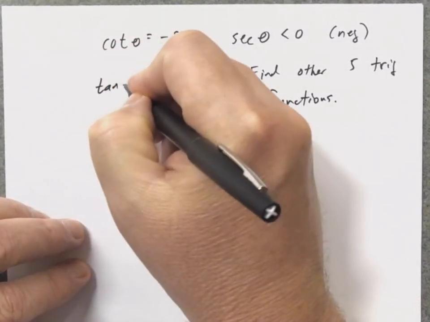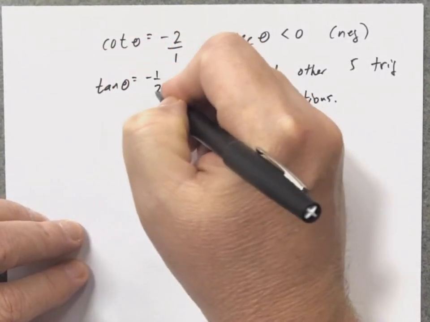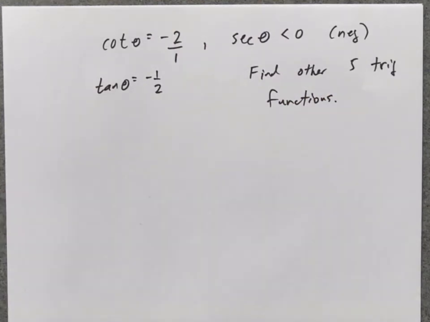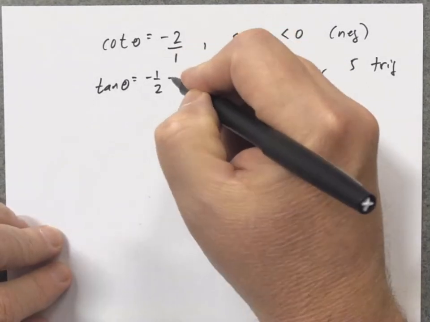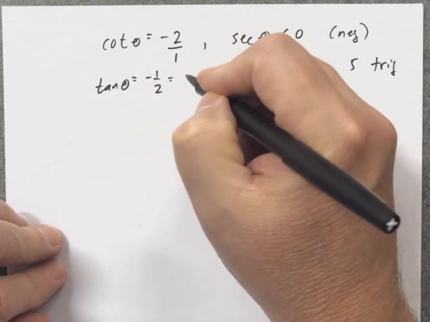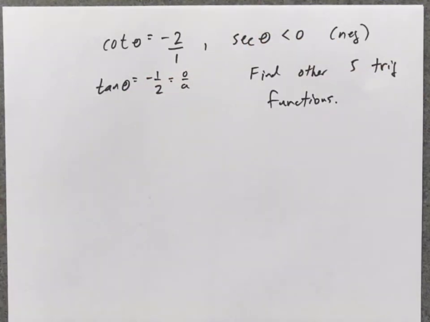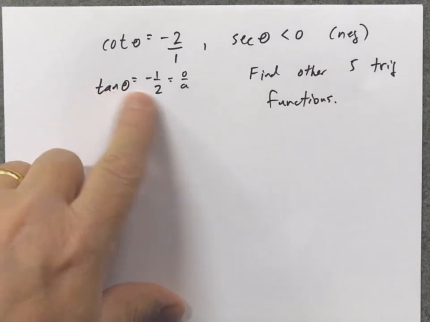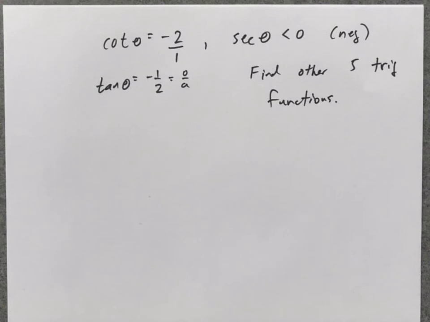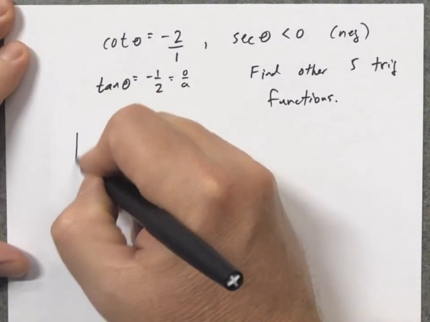Therefore, what I can say is the tangent of theta is -1/2. And now, so-called TOA, based upon my trig definitions, just like I did a minute ago, I'm going to create a right triangle based upon knowing this trig function.